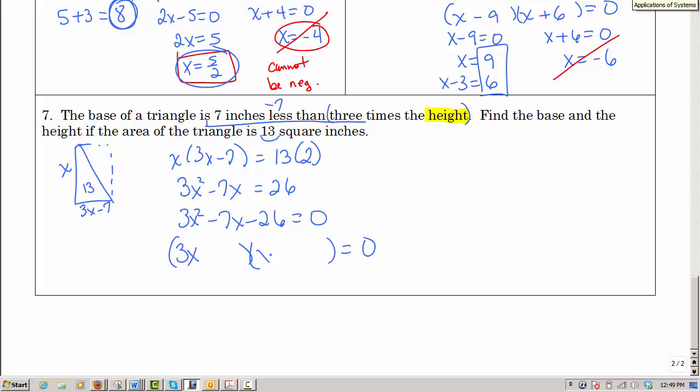So I know 3 times 1 is 3, but what multiplies to get 26? Well, 1 and 26, but it's even. 2 times 13. Let's try that one. Where do I want to put things? Why don't you pause, see if you can figure it out.